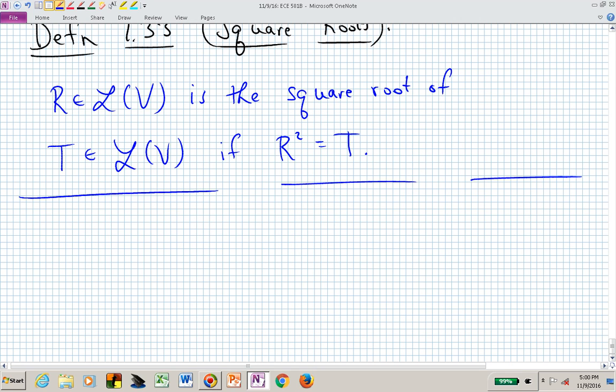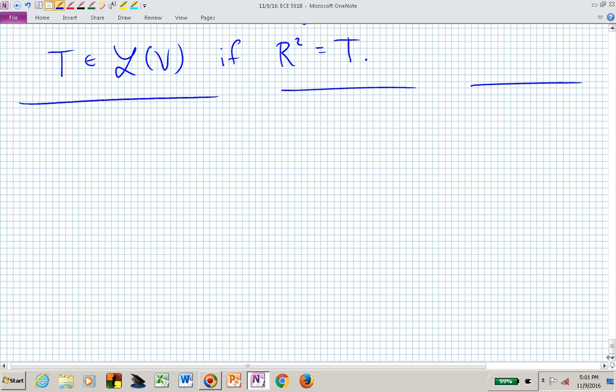And before we look into some examples of that, let me just state a theorem that lists this equivalent relationship dealing with positive operators so that we can start thinking about what we have when we have a positive operator.